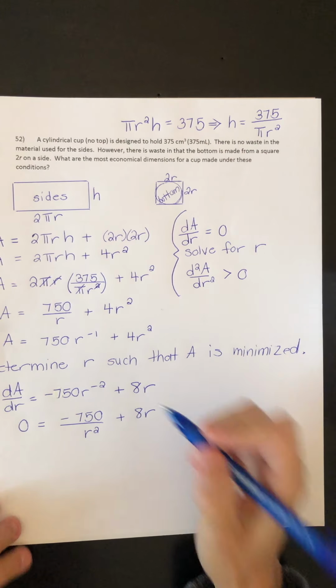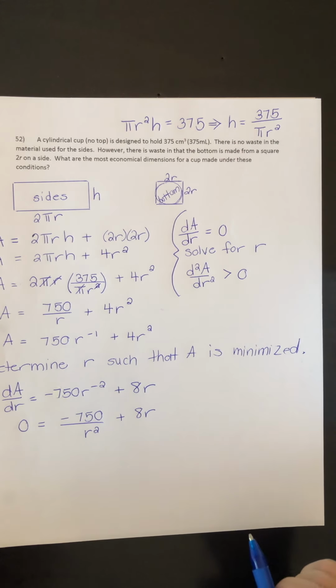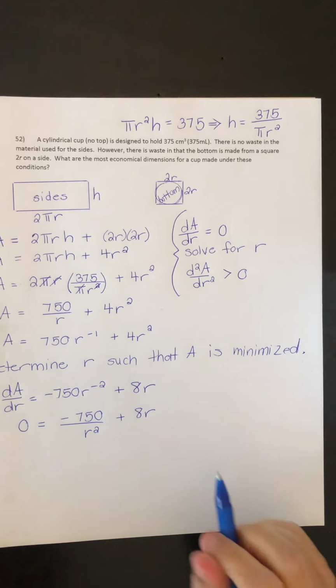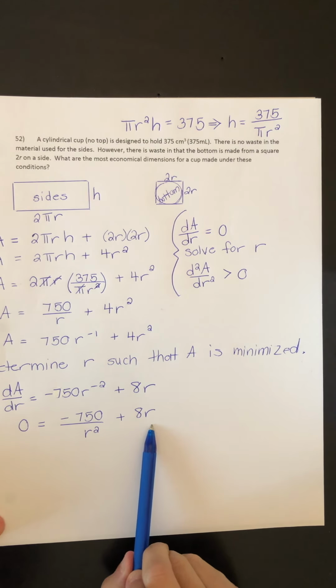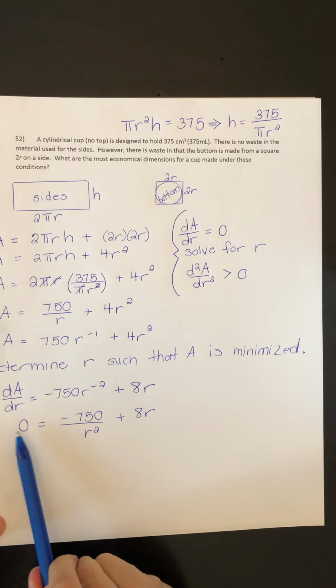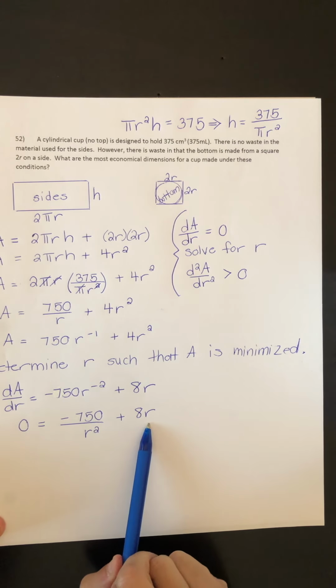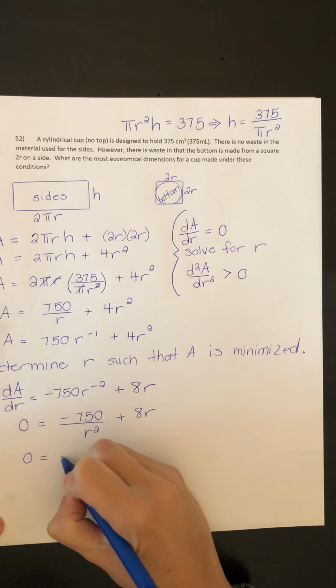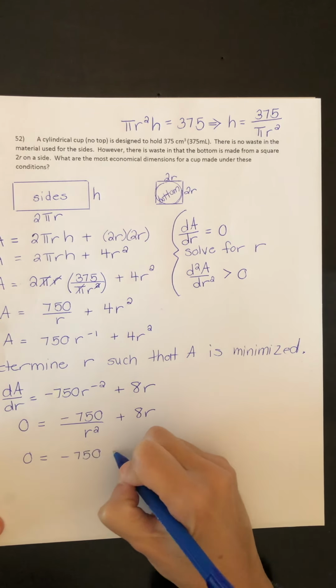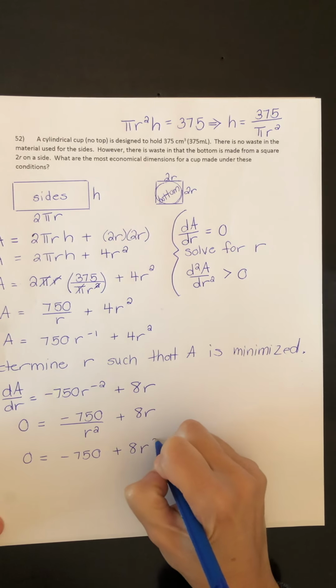You might remember in our last video, I used this trick where we cleared out the denominators after this step. So we can multiply all the terms by r squared here. And that would be 0 equals negative 750 plus 8r cubed.